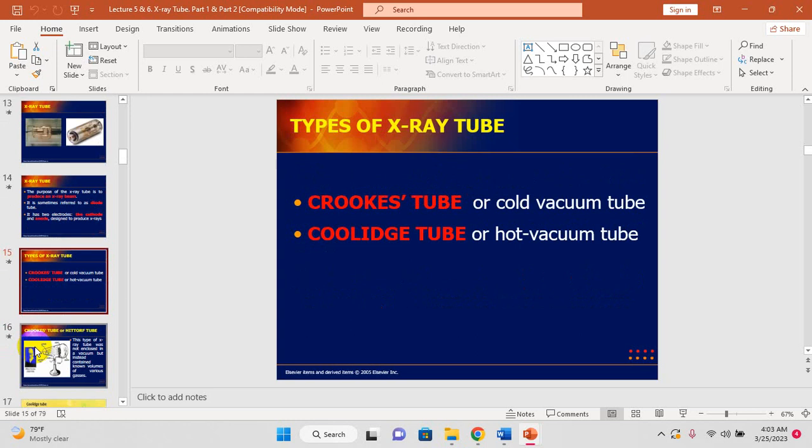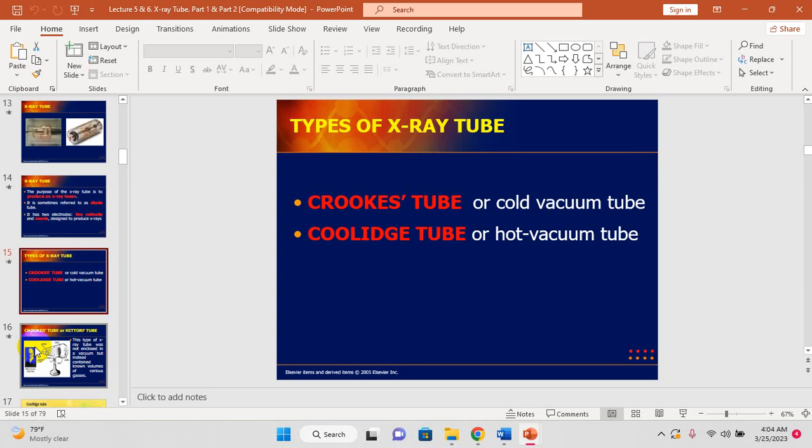So there are two types of X-ray tube. We have what we call the Crookes tube or the cold vacuum tube. This was the tube that was used by Röntgen when he discovered the X-ray in 1895.